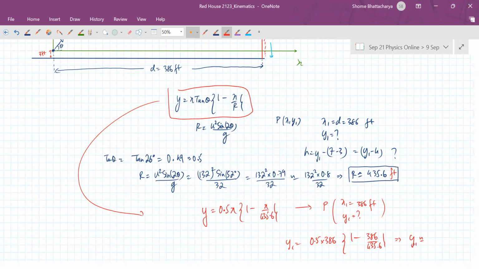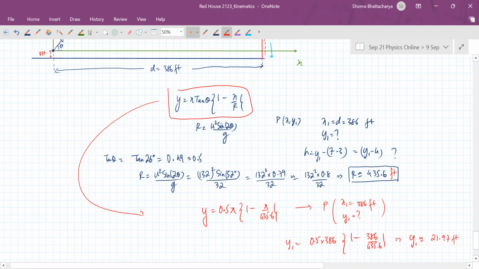So 386 divided by 435.6. So that's about 0.89. So 1 minus 0.89 will give us nearly 0.11. So that into 386 into 0.5. Just check this value once more.